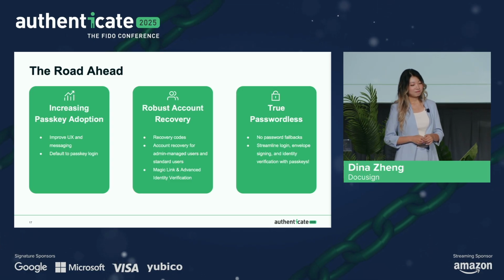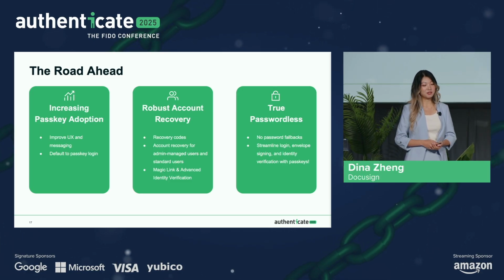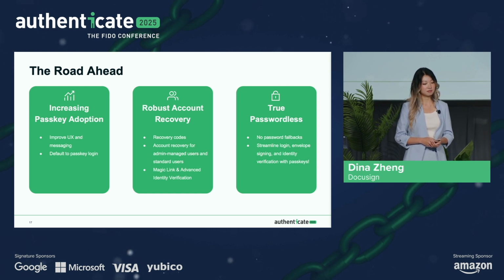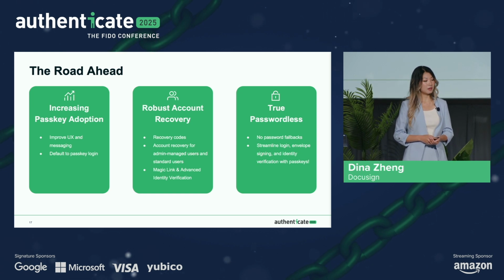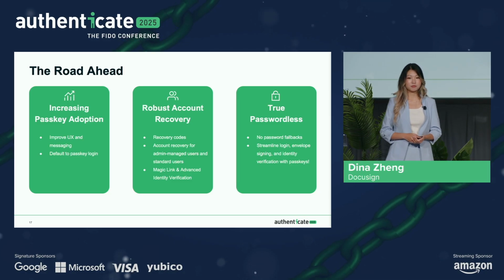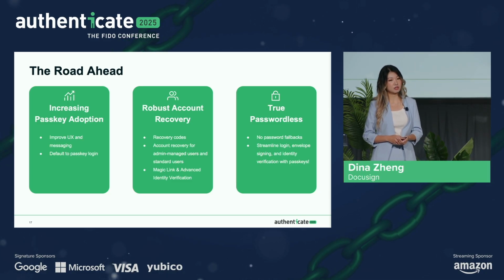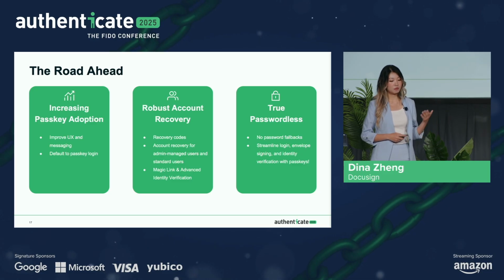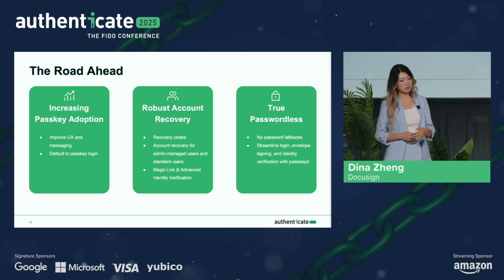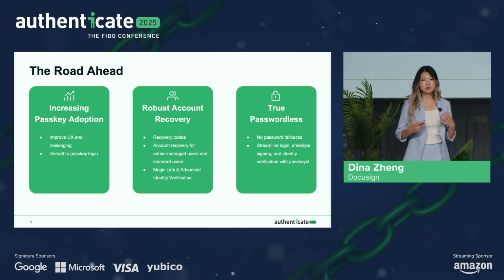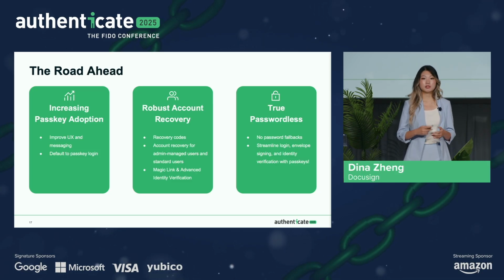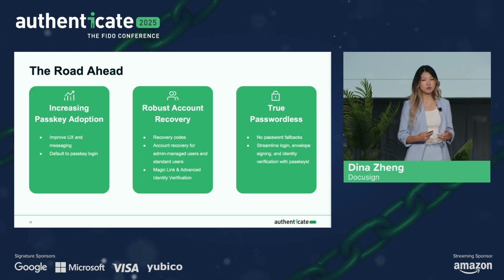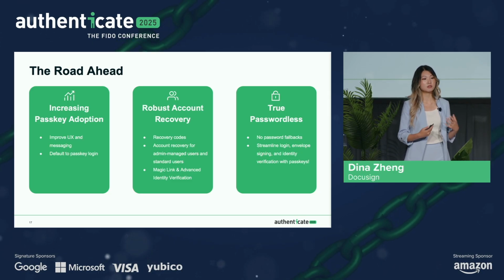So as we look ahead, our focus is on continuing to push the boundaries of what passwordless means at Docusign. We're investing in 3 main avenues. First, we're focused on increasing passkey adoption at Docusign, making the experience smoother with enhancements like the WebAuthn autofill that Yuheng mentioned earlier, making sure that we communicate clearly to users the actual value and incentive of registering for a passkey, so that users can see the value and easily adopt true passwordless.